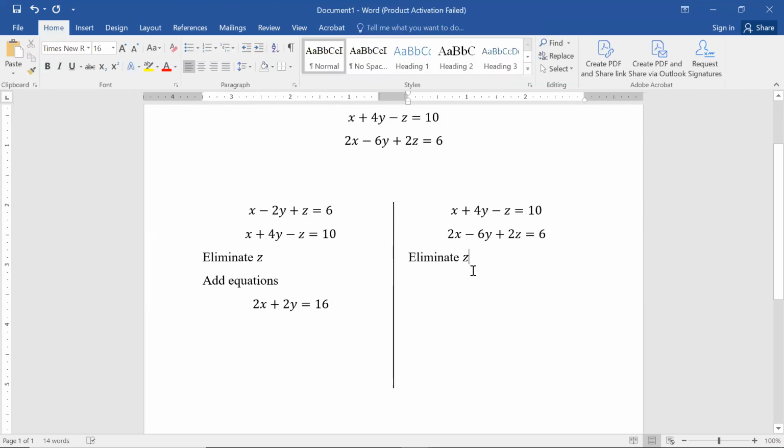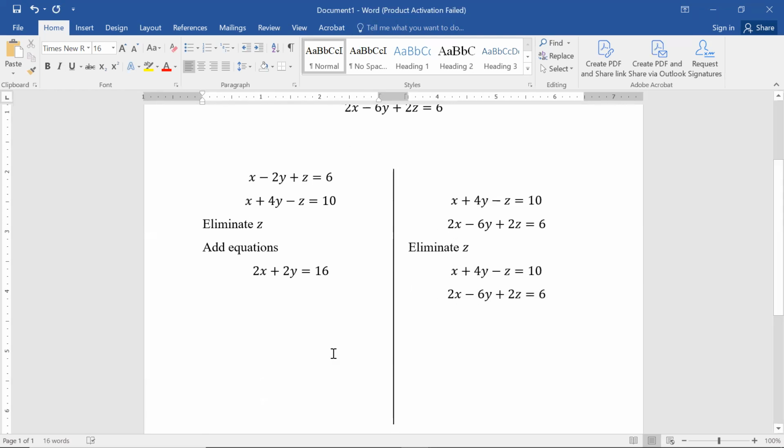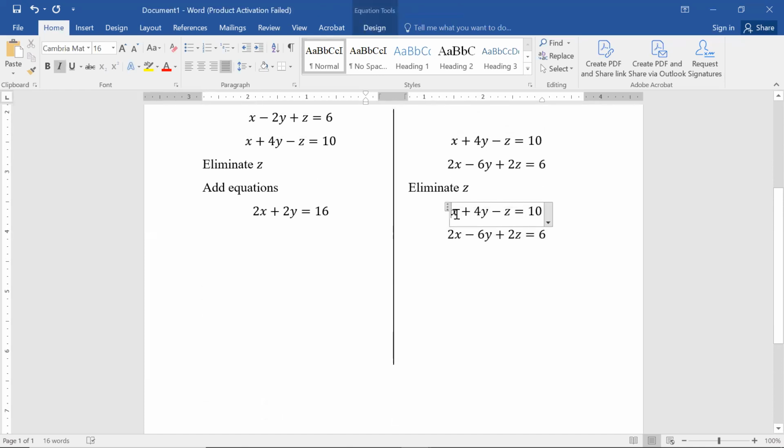Let's also eliminate z from my other pair of equations. Now, these two equations do not have opposite coefficients on the z's. So I have to do this a little bit. Remember the elimination method. What I'm going to do is take the 2 that's in front of this z and put it in front of my other equation.